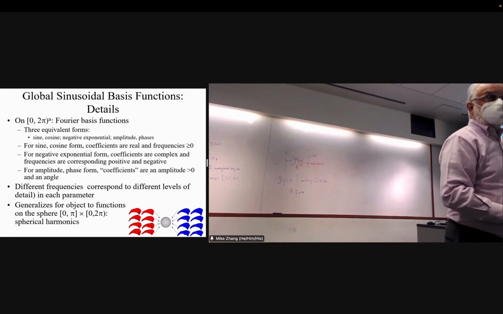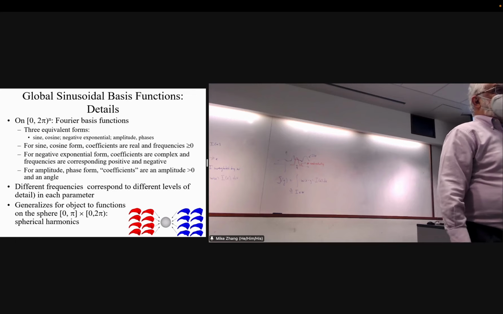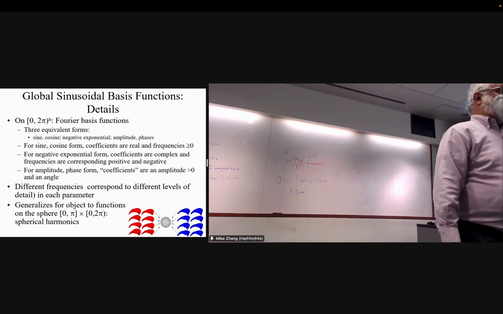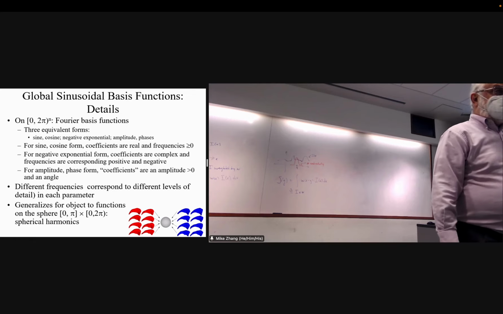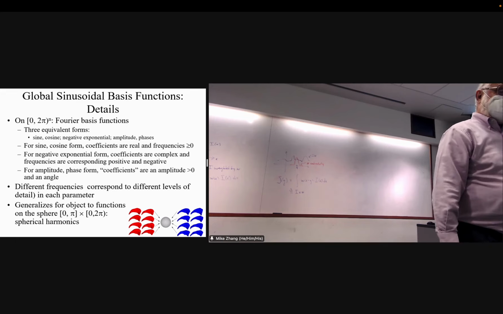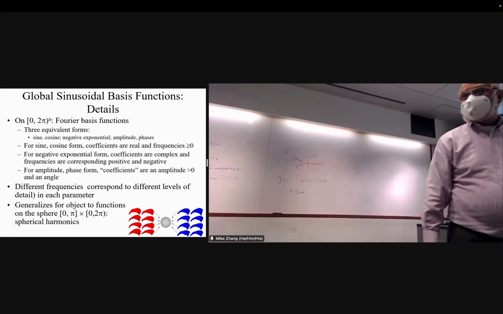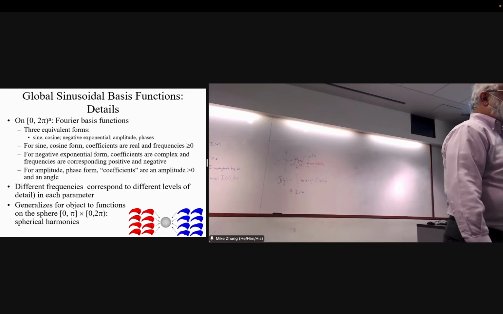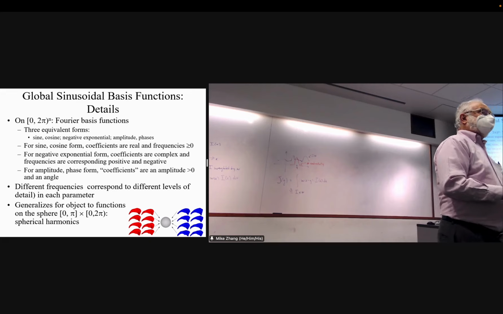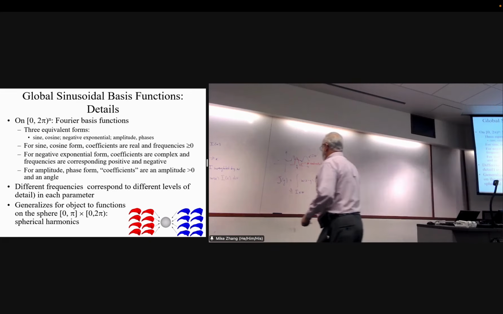but now we're going to have functions from the sphere. It turns out that there exists a set of orthogonal basis functions from the sphere that are called spherical harmonics. They're basis functions from theta phi, latitude and longitude on the sphere.